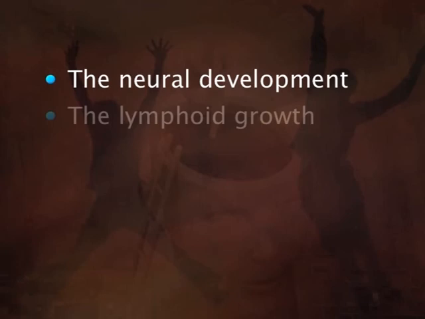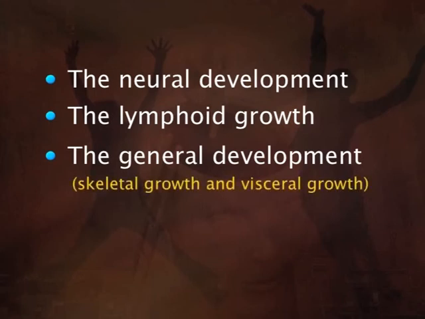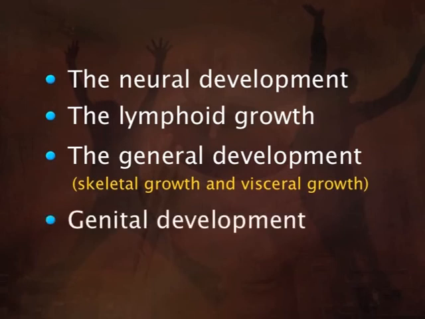The body does not grow as a whole and in all directions at once. The growth changes can be divided into 4 types. They are the neural development, the lymphoid growth, the general development, which includes 2 aspects, skeletal growth and visceral growth, and the 4th type of development is genital development.